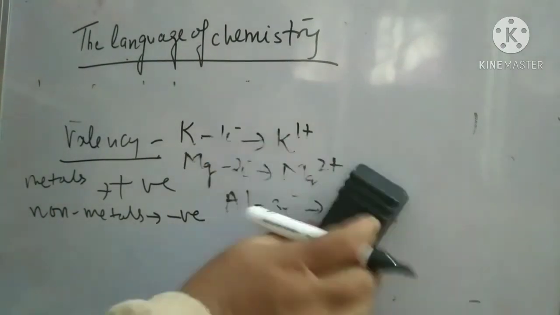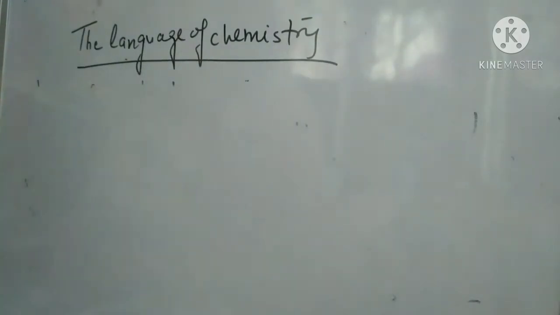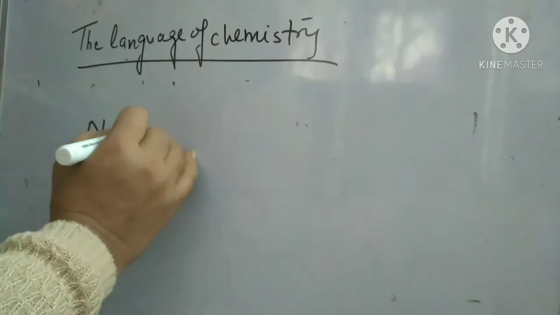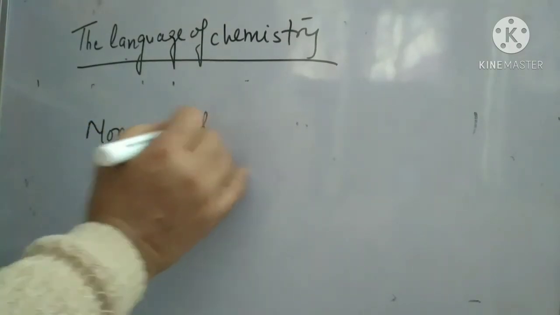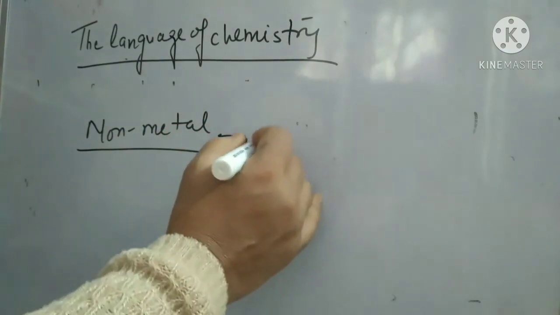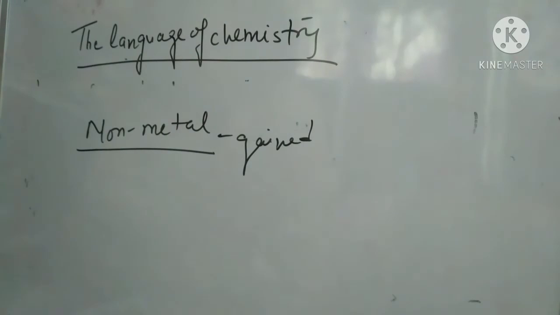Now considering next point, that is valency of a non-metal. So what is valency of non-metal? Valency of a non-metal is the number of electrons gained per atom of the non-metal.